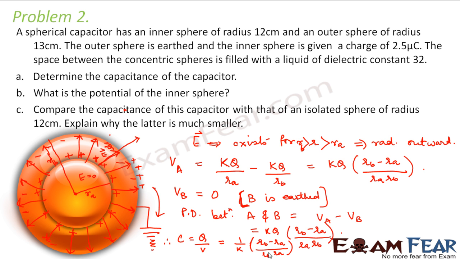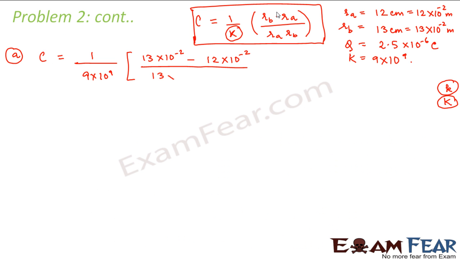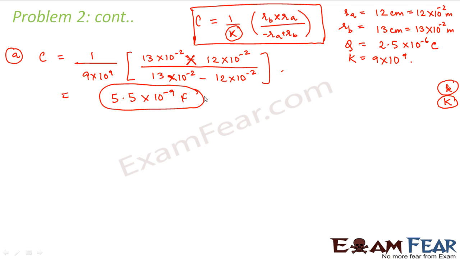So this should have been the opposite, RB into RA divided by RB minus RA. Similarly, here it should have been RB into RA divided by RB minus RA, right? So here also this will be RA into RB divided by RB minus RA. I'm sorry for that. So on calculating this, you find the value as 5.5 into 10 to the power minus 9 farads. So this comes out to be the capacitance of this spherical capacitor.